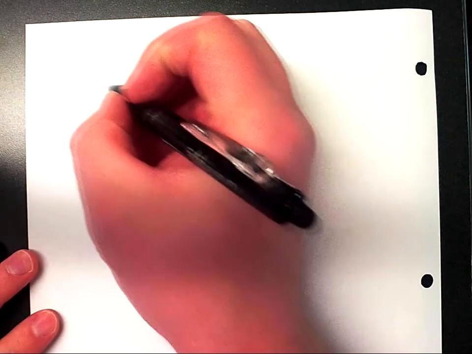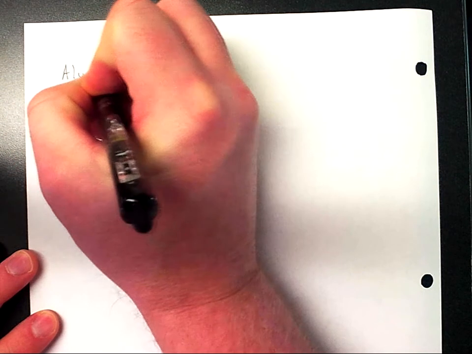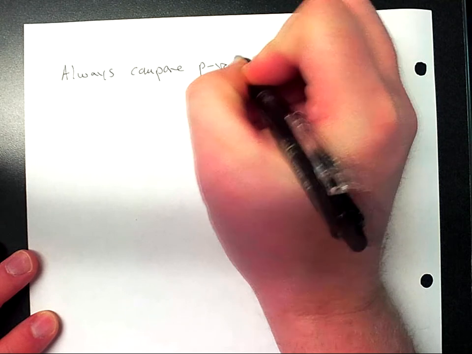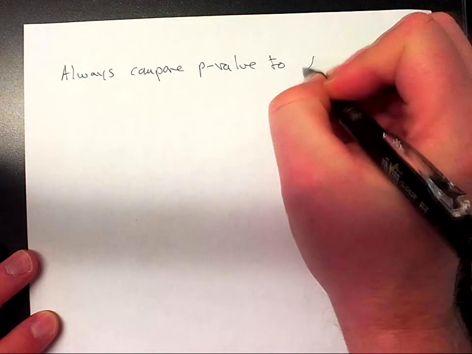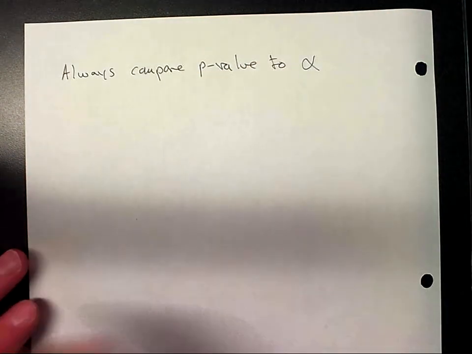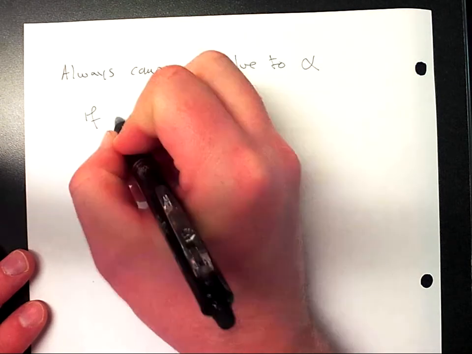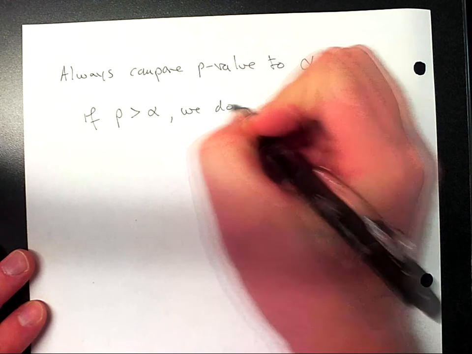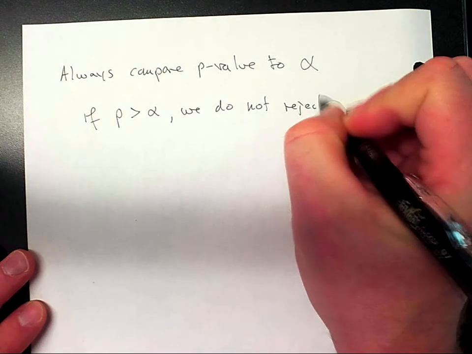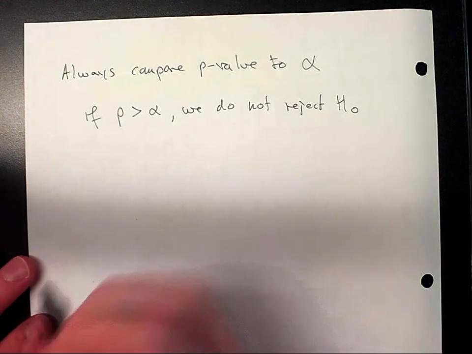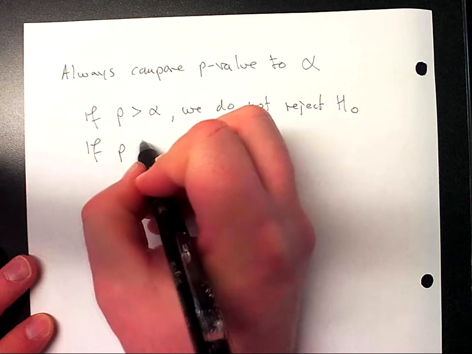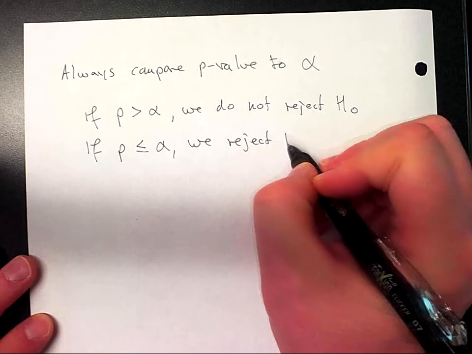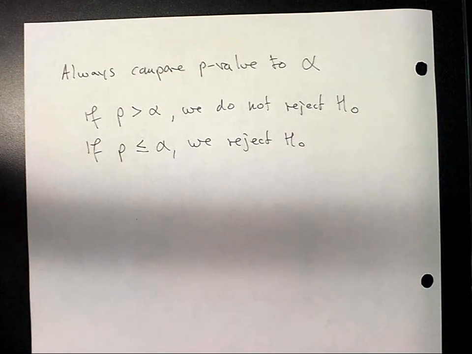What we want to do is we always want to compare our p-value to alpha. If the p-value is greater than alpha, we do not reject the null hypothesis. If the p-value is less than or equal to alpha, we reject the null hypothesis.